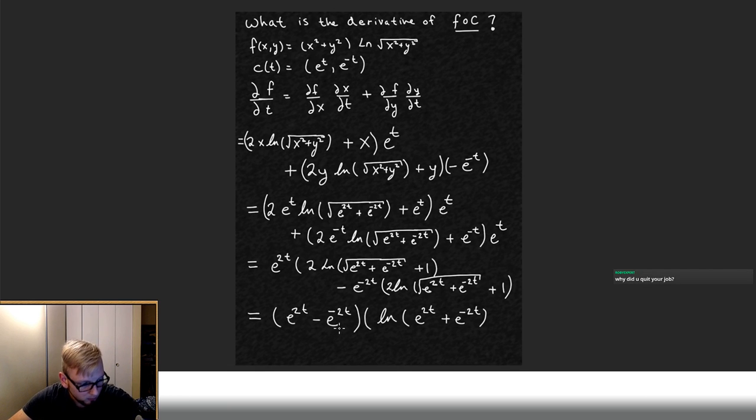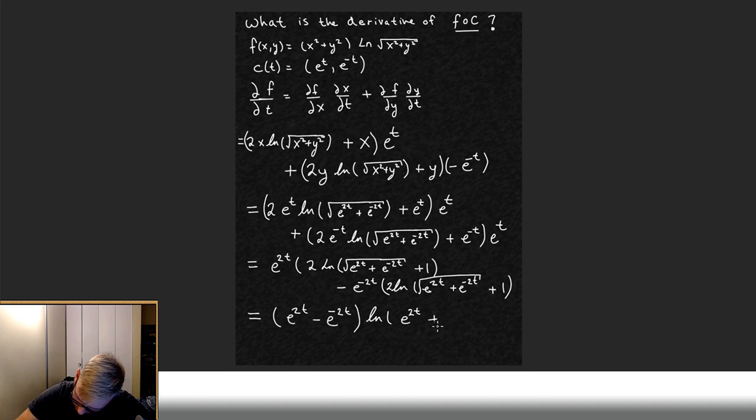And I guess I don't need that bracket. Maybe I should make it look a little nicer. Natural log of e to the 2t plus e to the minus 2t. Yeah, looks like my notes.